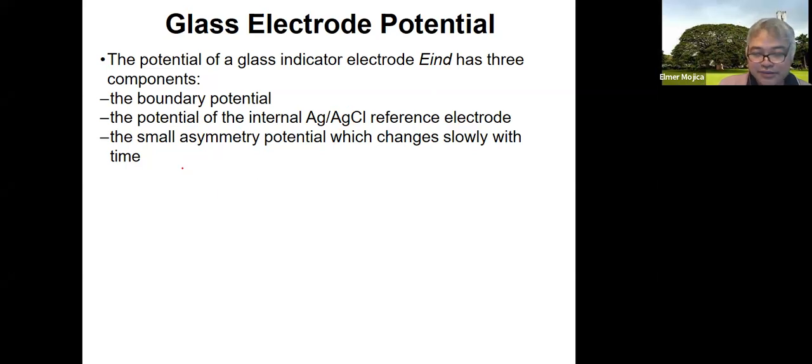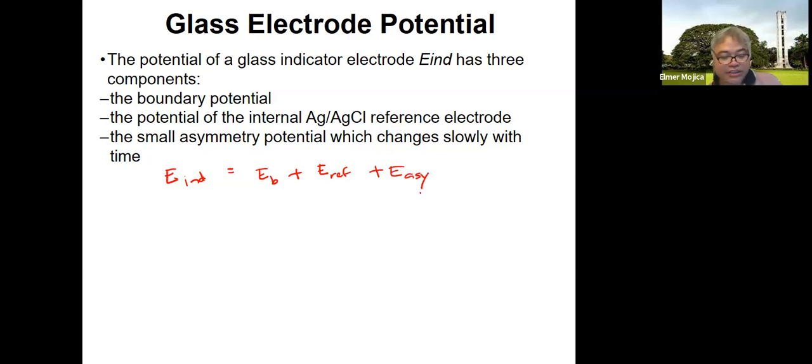So we can put this as the indicator potential equals the boundary potential E_B, plus E reference 2, since that's a silver fluoride, and the small asymmetry potential.